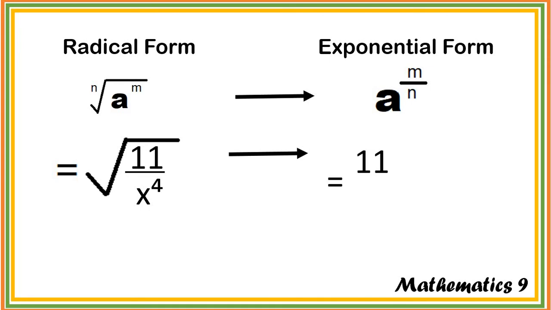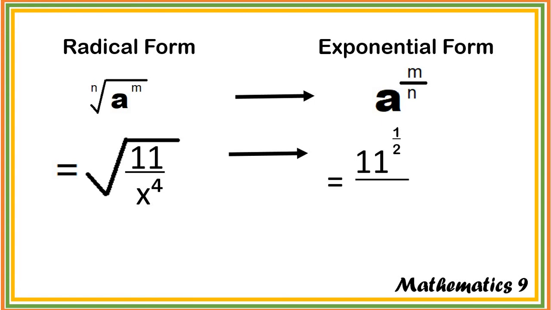So we have 11, the first base, in the numerator. Now what is the value of its exponent? Automatically, you don't see anything, right? So that is 1, and your n is 2 because we use square root.